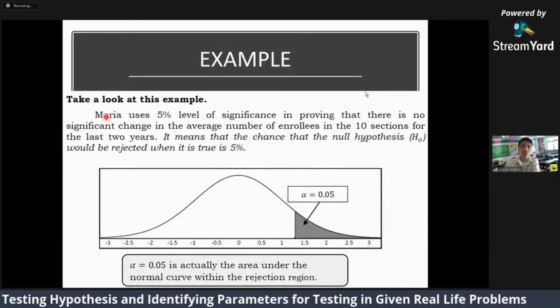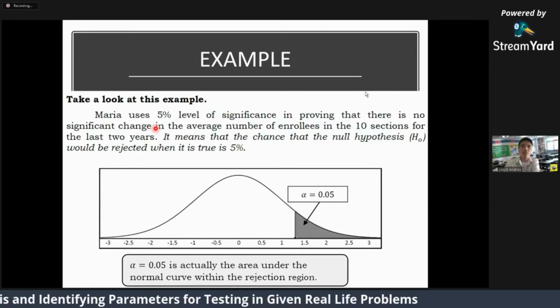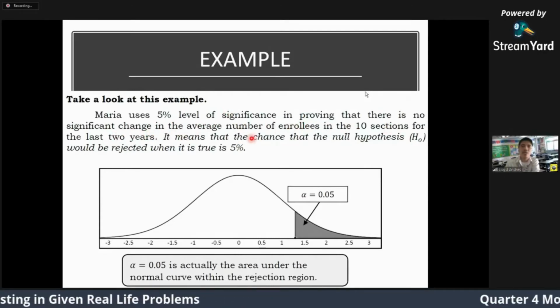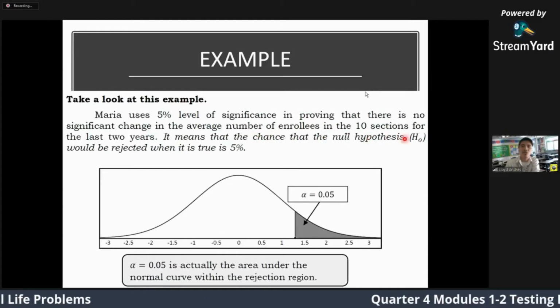Okay, take a look at this example. Maria uses a 5% level of significance, proving that there is no significant change in the average number of enrollees in 10 sections for the last 2 years.